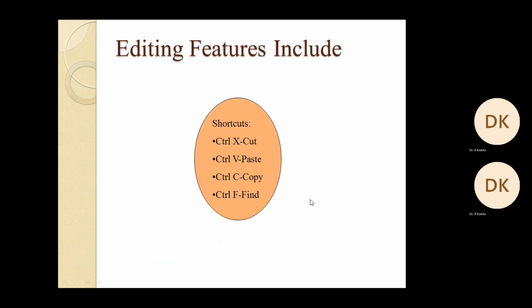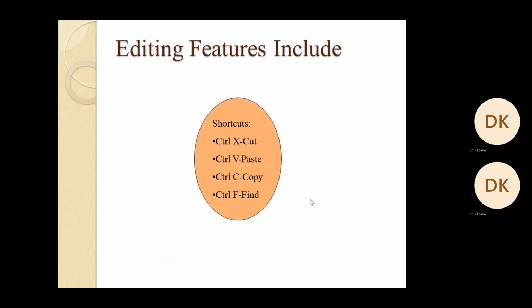Copying means first I have to select the content, then give Control C, and wherever I want, I go to that place and press Ctrl V to paste. Whatever I have selected and copied will be placed in another location.